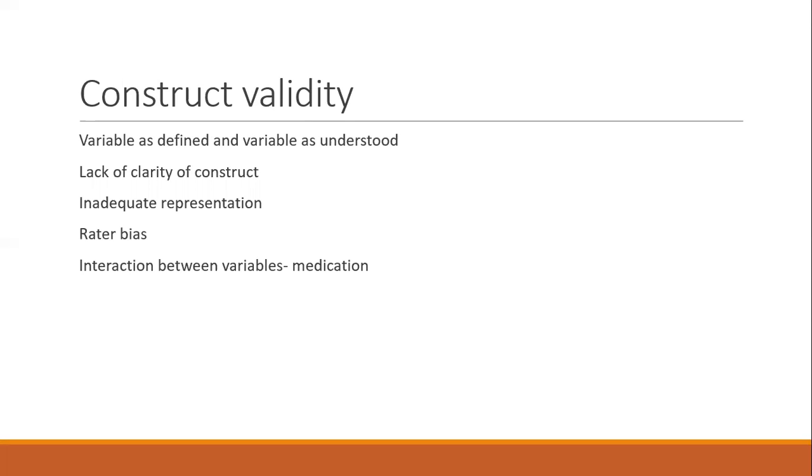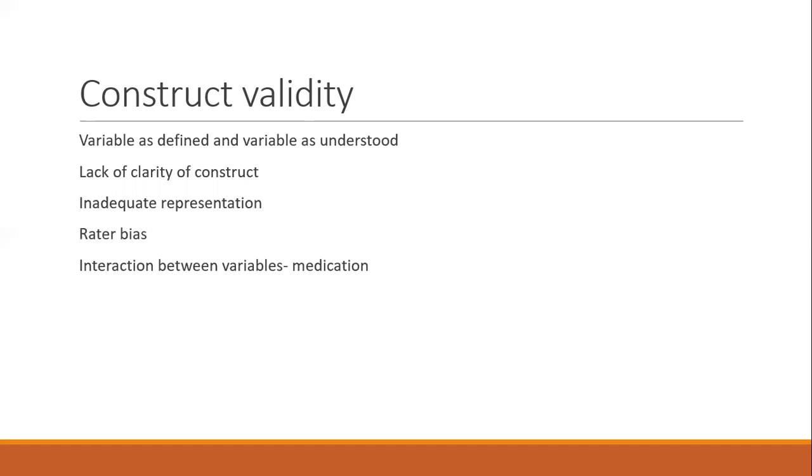So the variable as defined and the variable as understood must be clearly mentioned. The definition must be clear. And if there is a lack of clarity of construct, same thing. If you say function, there is no clarity of the construct function. Function can be anything. It can be musculoskeletal function, as in the muscle is working.